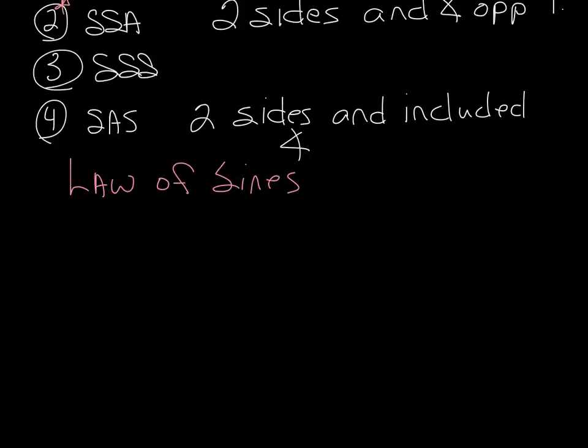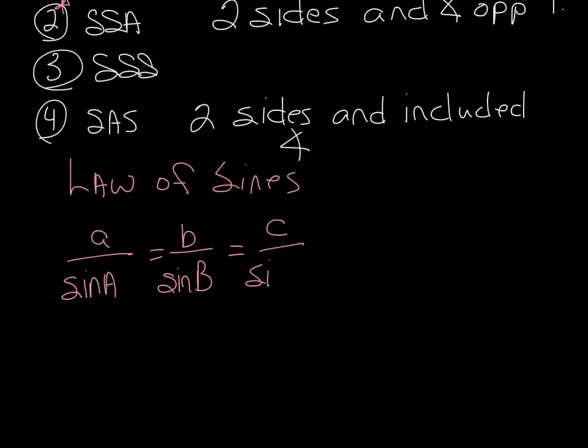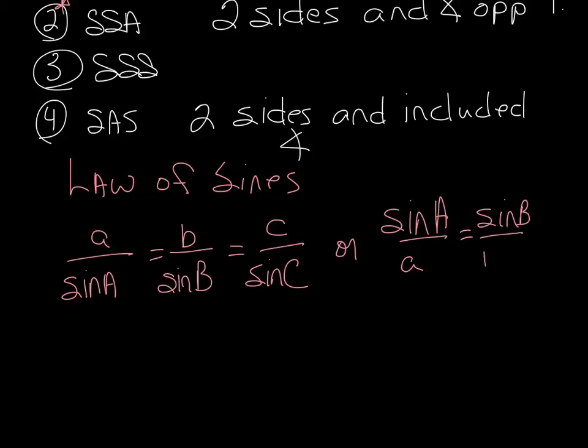So the law of sines says that side A over the sine of angle A is equal to side B over the sine of angle B, which is also equal to side C over the sine of angle C, or the reciprocal. Depending on what information you have and what you're looking for, you might want to use the reciprocal form. And I think you can see why you might need your calculator today. Sine, not side.